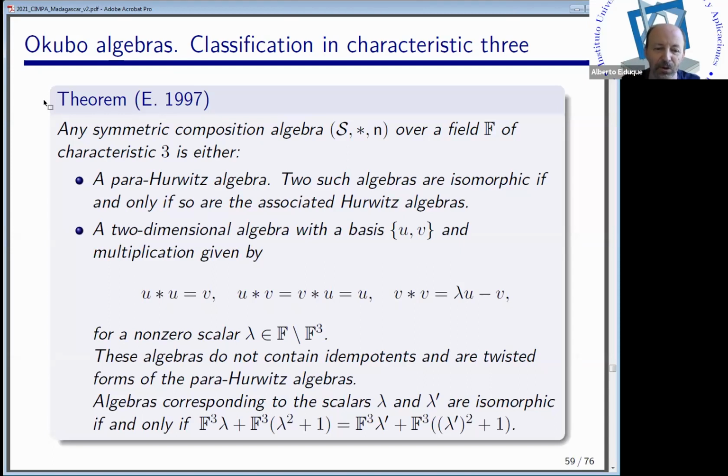So they are forms of para-Hurwitz algebras. So up to now, this is essentially the same thing that happened in other characteristics. Now, in characteristic different from 3, what is left are the Okubo algebras, and the Okubo algebras are related to central simple associative algebras of degree 3 in characteristic different from 3. In characteristic 3, this is the difference.